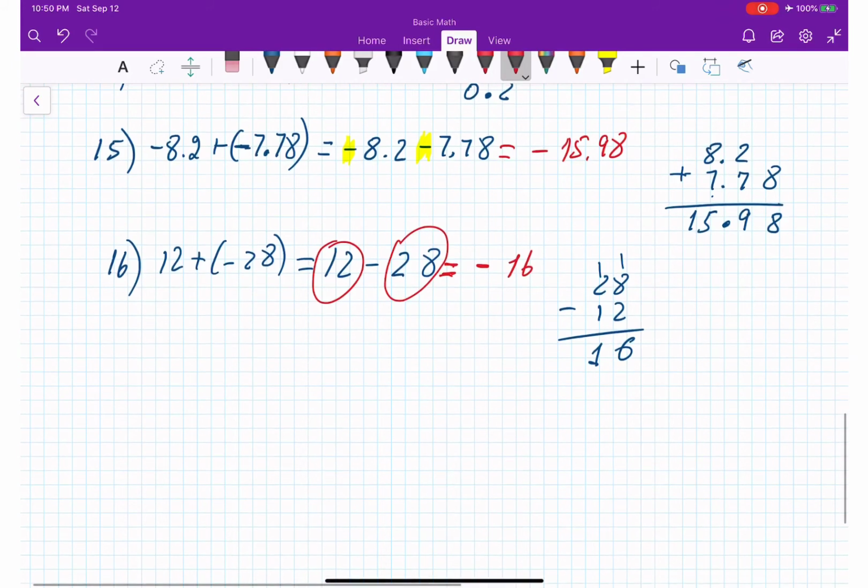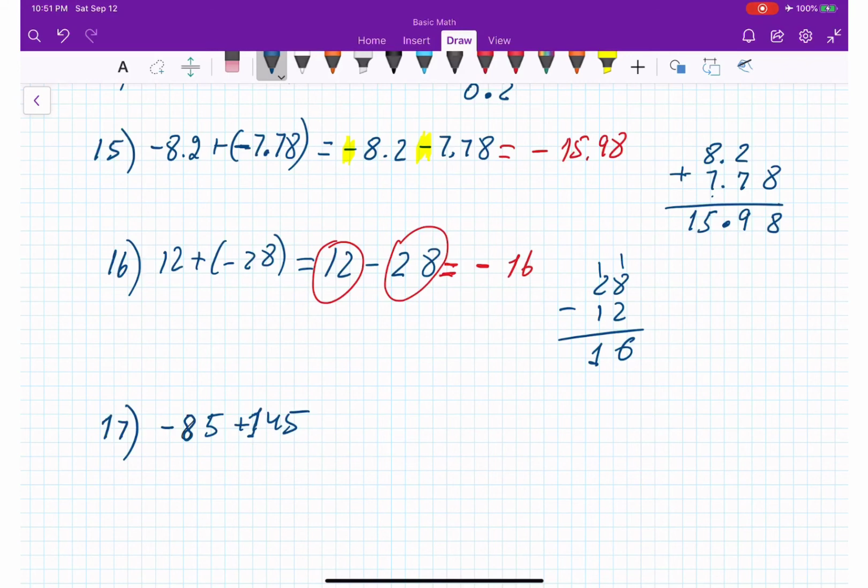Number 17. Negative 85 plus 145. Okay. 145 is positive, 85 is negative. When we have two different signs, what do we do?